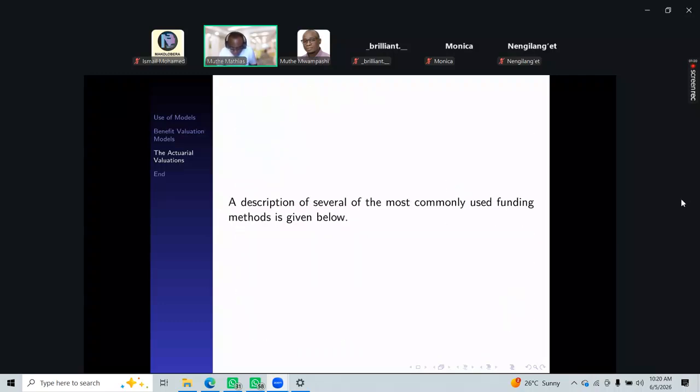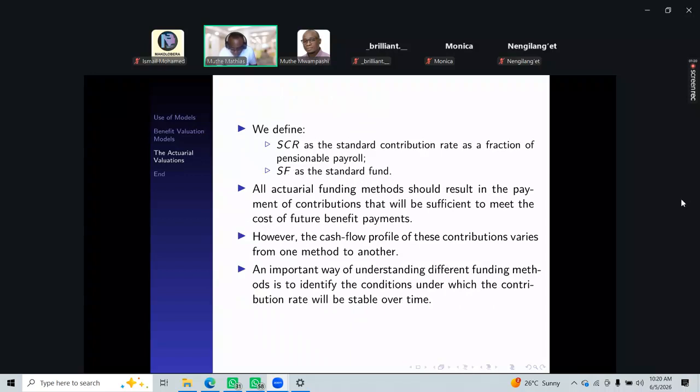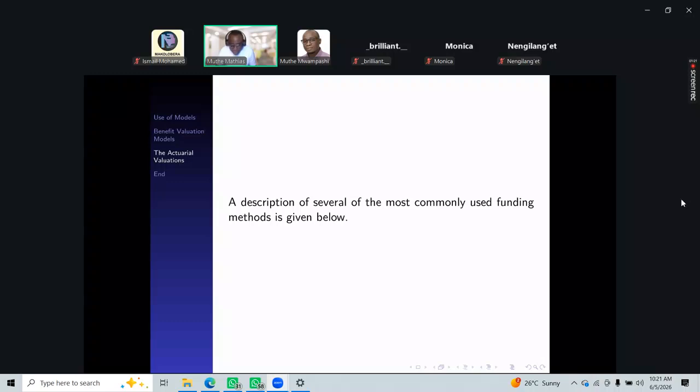Yeah, so, sorry. So the standard fund is like the target, right? So we have this accrued benefit up to this point. So this is what we call a standard fund, right? So in all these methods, we have to make sure that this is like the target. It means that at that point, you should be able to cover all the present values of the benefit from accrued services, right?